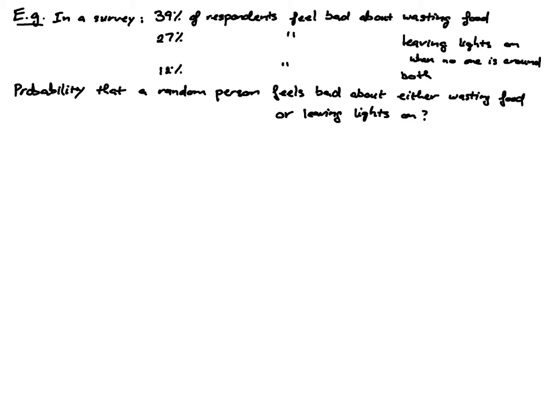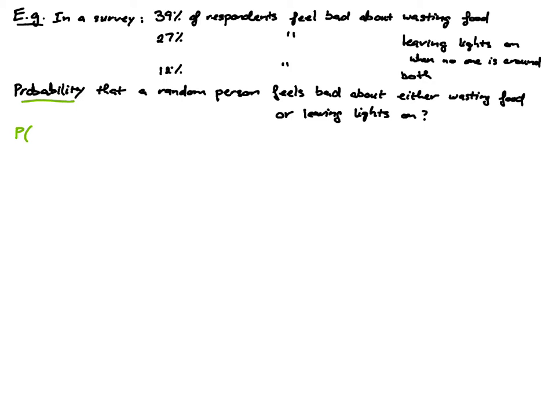So how do we approach this problem? Notice that we're being asked for a probability. So our job now is to figure out what probability are we being asked for.